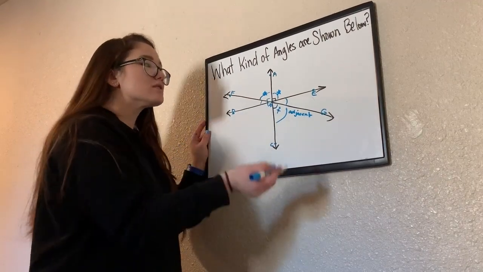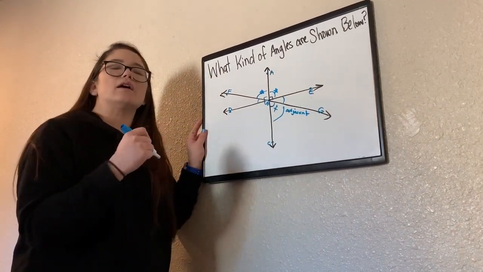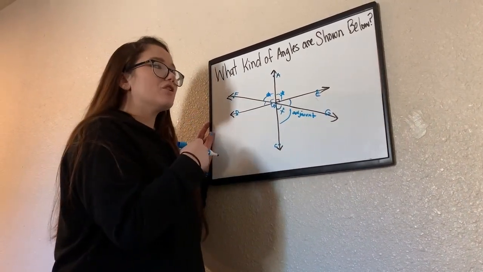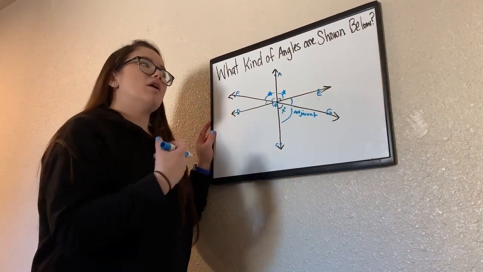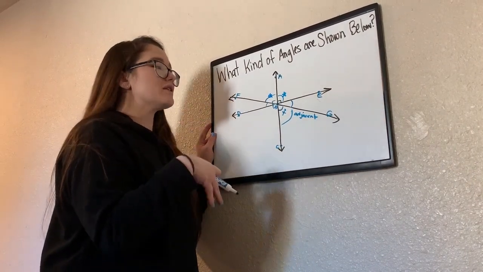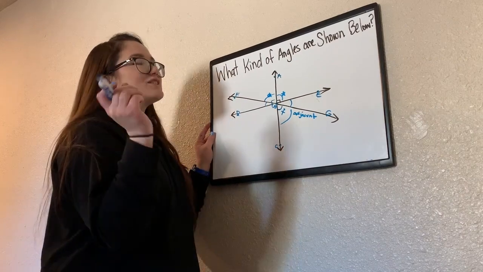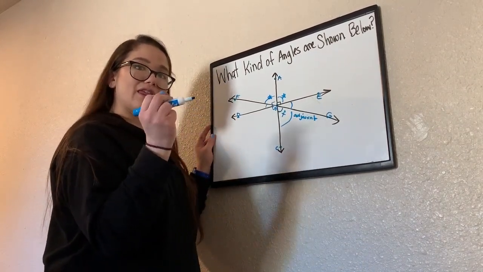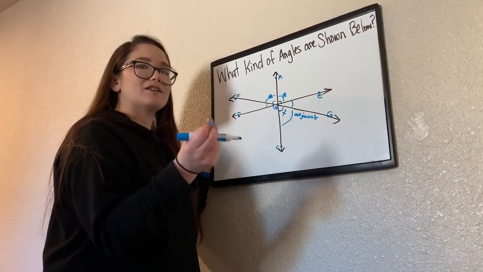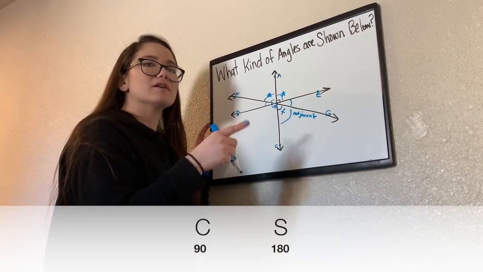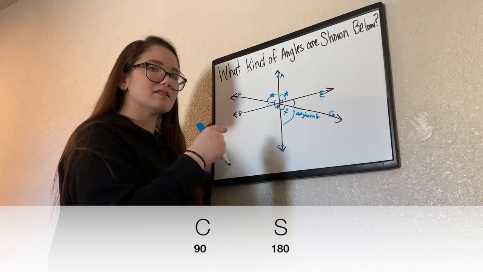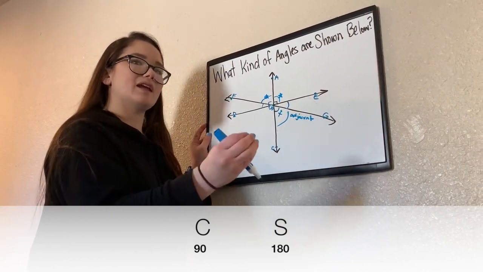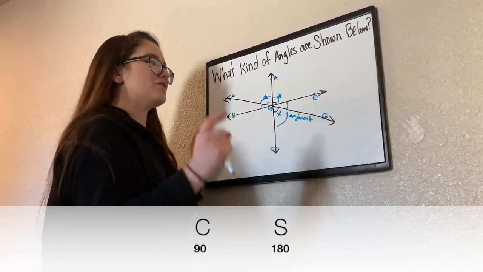I can see an obtuse angle, I can see an acute angle, I can see a 90 degree angle, I can see a supplementary. Oh, let's find a supplementary angle. So supplementary, remember, means that two angles put together make 180 degrees. Supplementary is the S, the second letter in the alphabet, so 90, 180, C and S. Supplementary goes with 180.